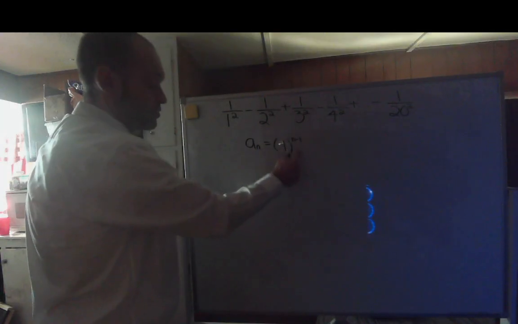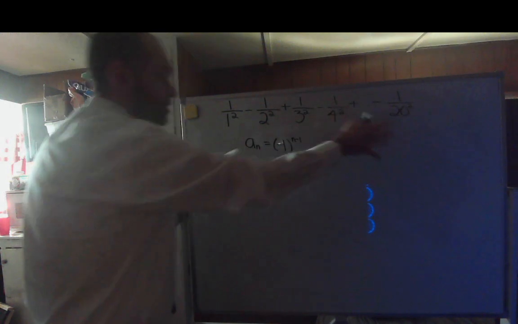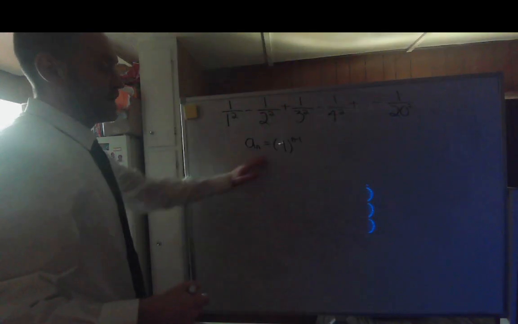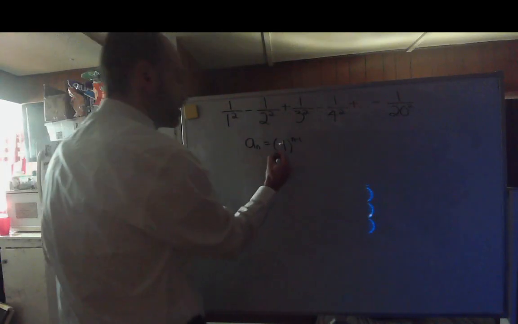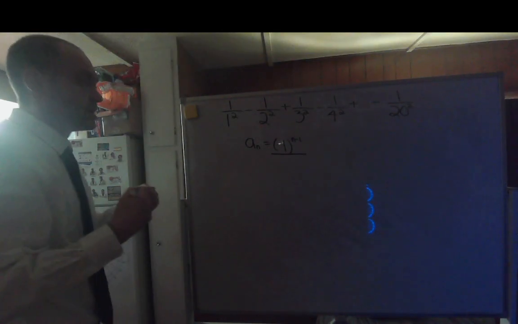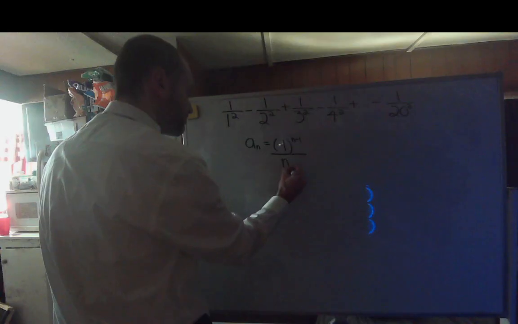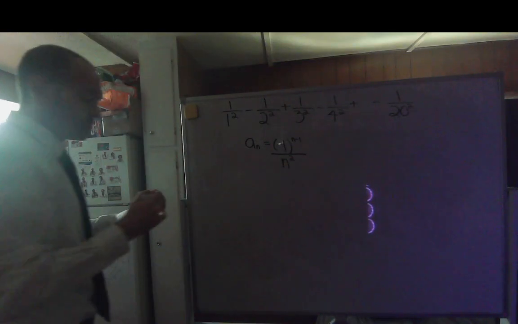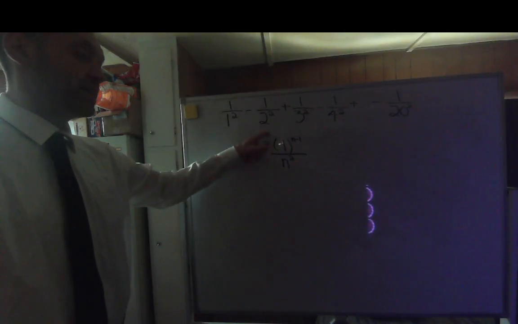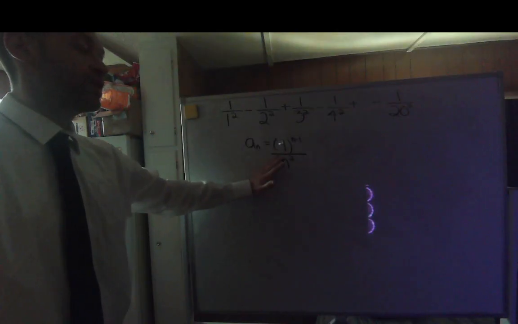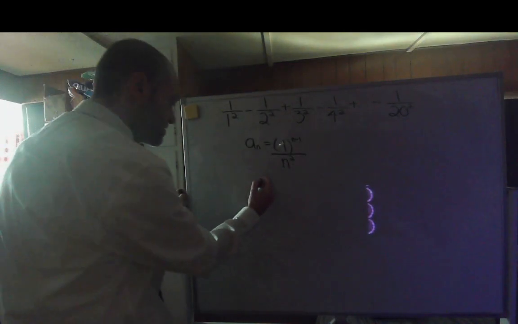And if I put in 3, I would get -1 to the second, which is a positive 1. So you see how the pattern goes. So we have a -1 to the n minus 1 power in the numerator. Now what about your denominator? It's just whatever term you're on to the second power. So the formula for the sequence is a sub n equals -1 to the n minus 1 over n squared.